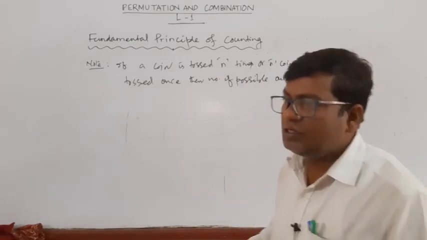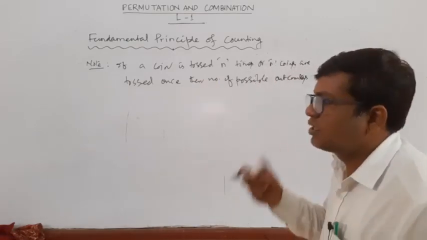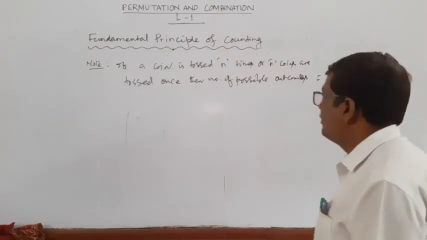So if we toss n times, the total number of outcomes will be 2 to the power n.